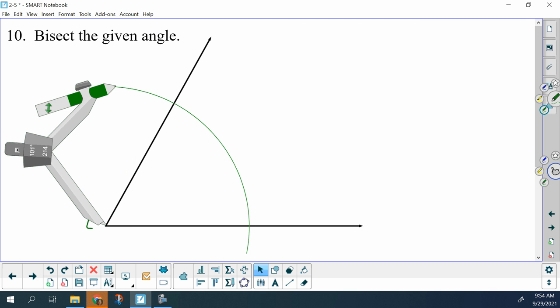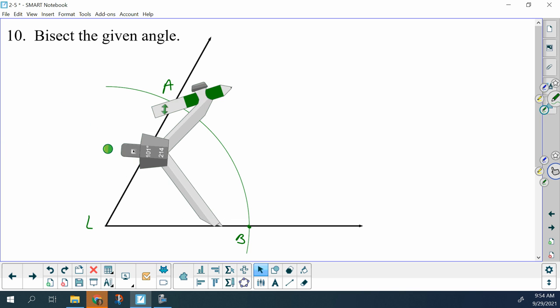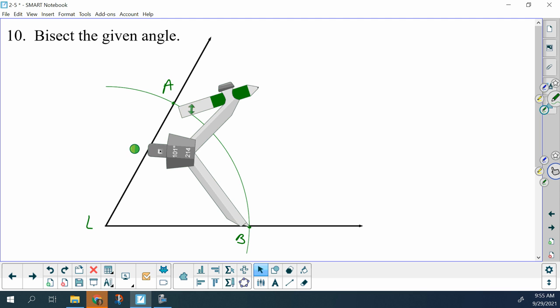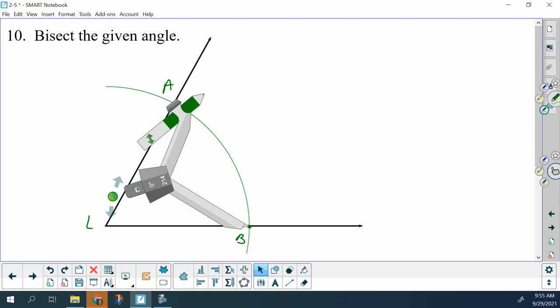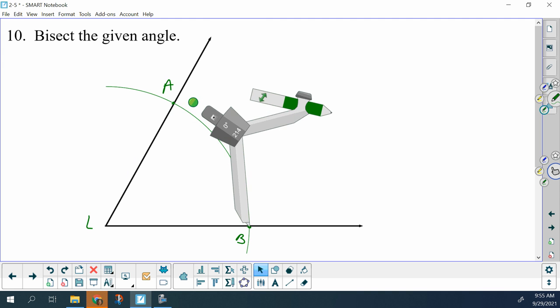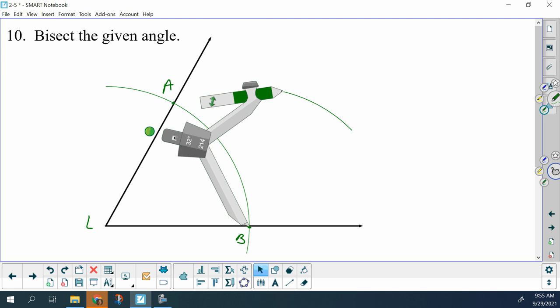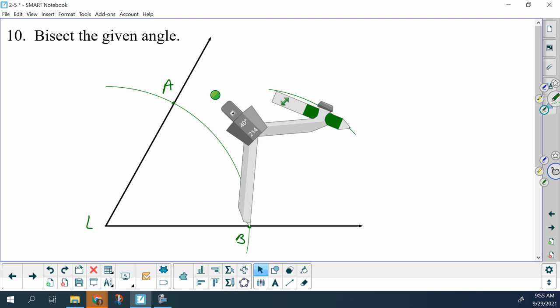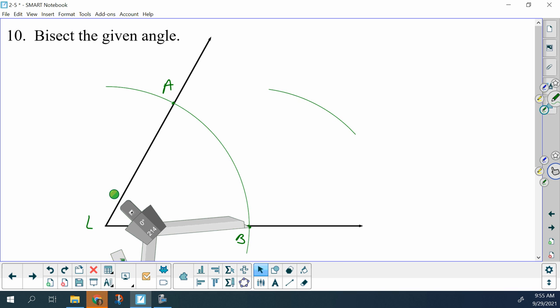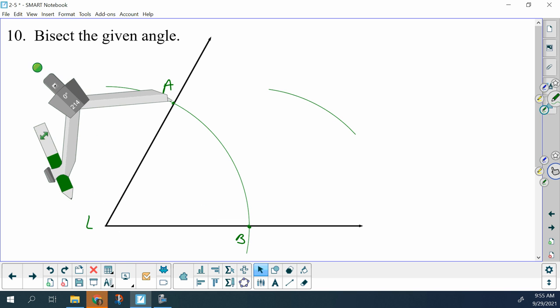Okay, now follow the first intersection A and the bottom of B. This is the part where you have to make sure it's open more than halfway. So this one's definitely open more than halfway. I could make it a little smaller if I wanted. I know it has to intersect somewhere up here. I'm going to make my arc out here. Flip it to the other intersection point.